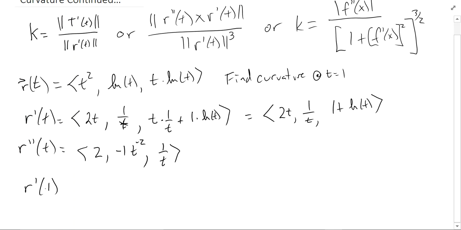What is r prime of 1? If I plug in 1 for t, I'm looking at the vector 2, 1, and 1 plus the natural log of 1. The natural log of 1 is 0. So it's 2, 1, 1. And r double prime of 1 would be 2, negative 1, and positive 1.